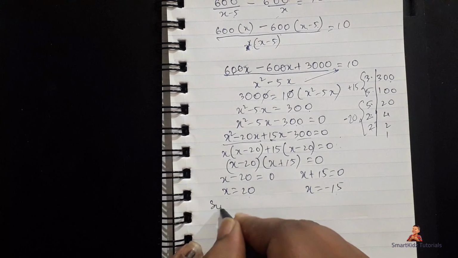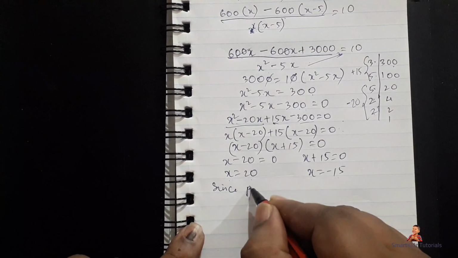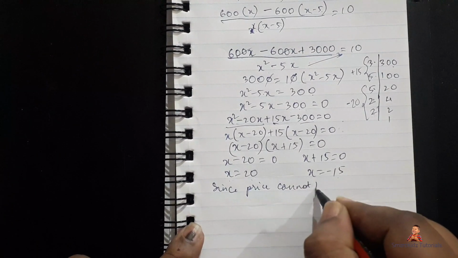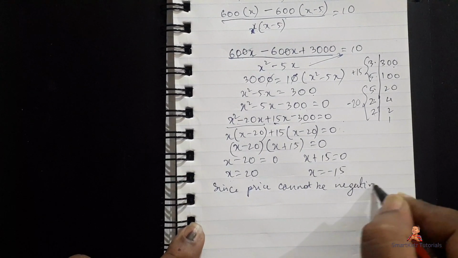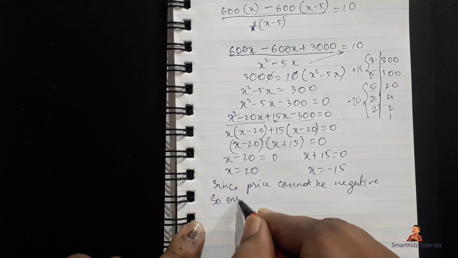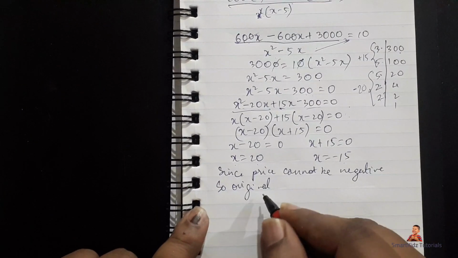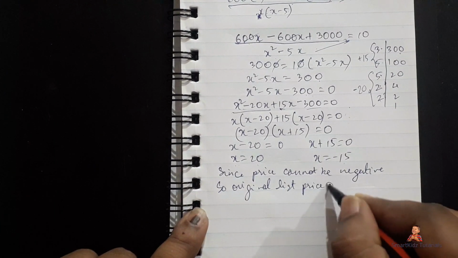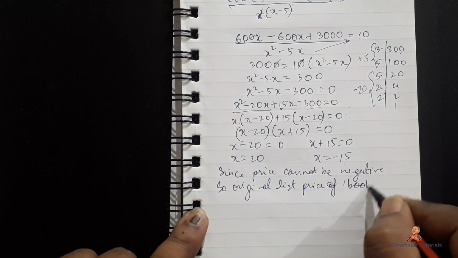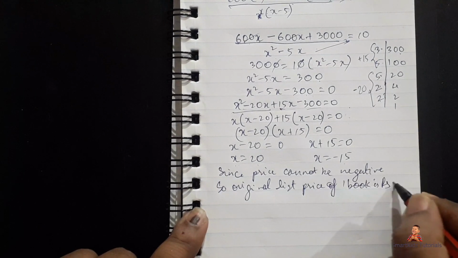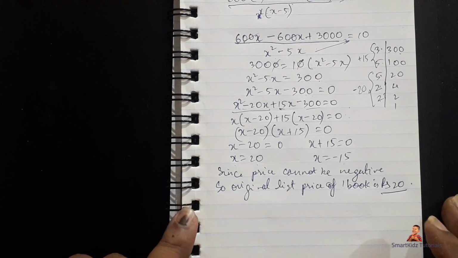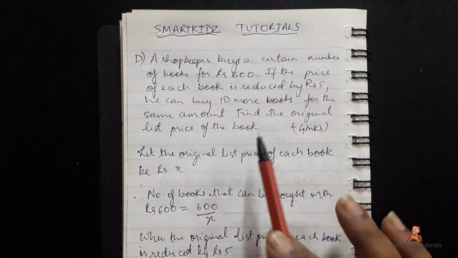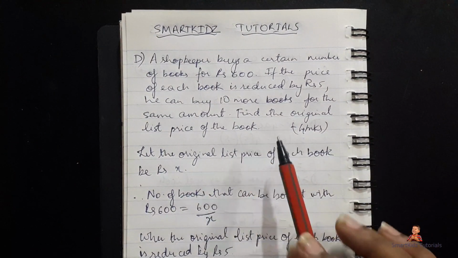So we write down over here, since price cannot be negative, the original list price of one book is rupees 20. So that's what we were asked. We were asked to find out the original list price of the book, and we found the original list price of the book as being rupees 20.